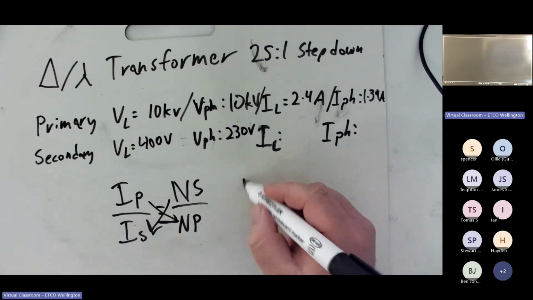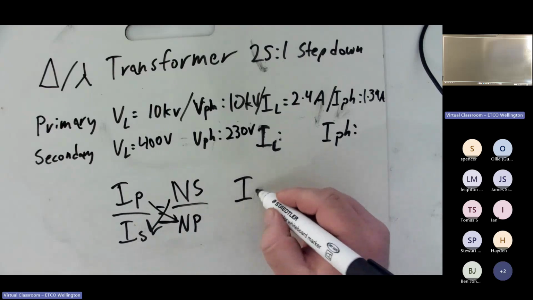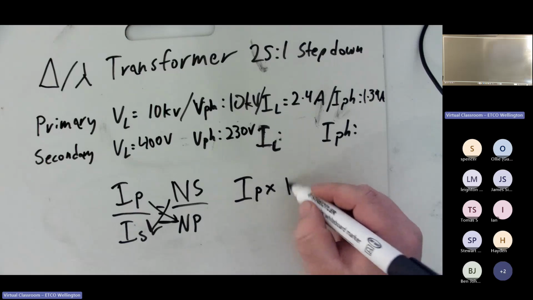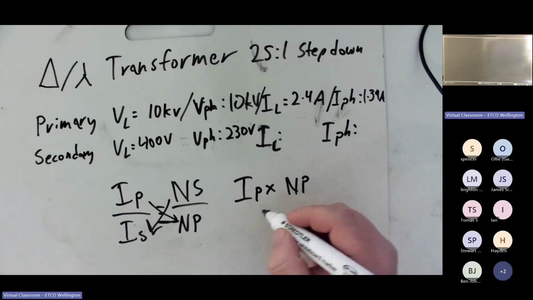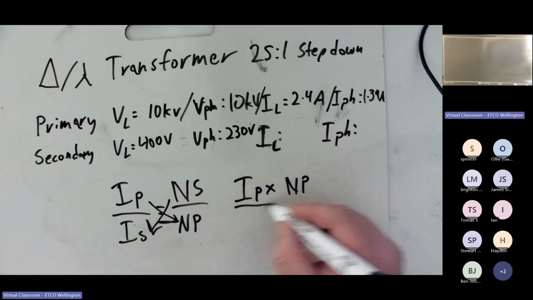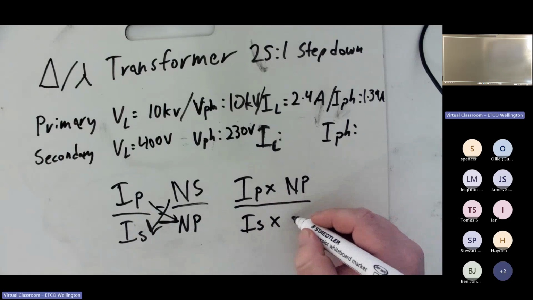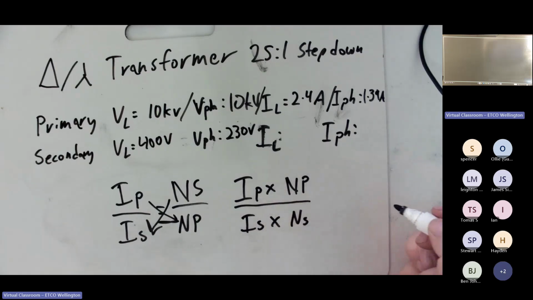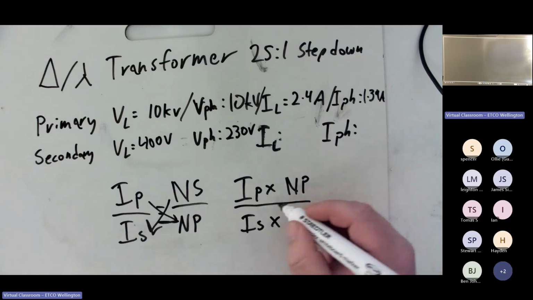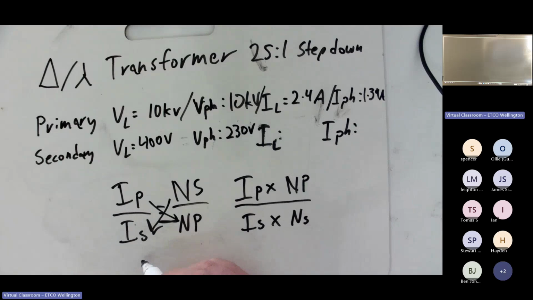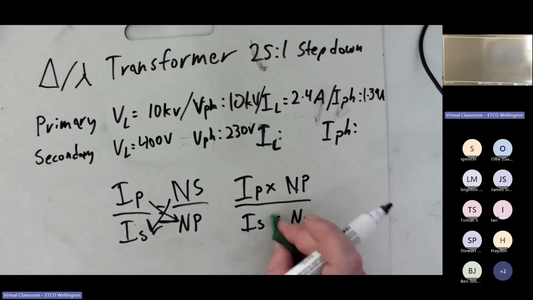So it's IP times NP over IS times NS. Cool. So we know the I primary is, and we're trying to figure out I secondary, so we can get rid of the I secondary.